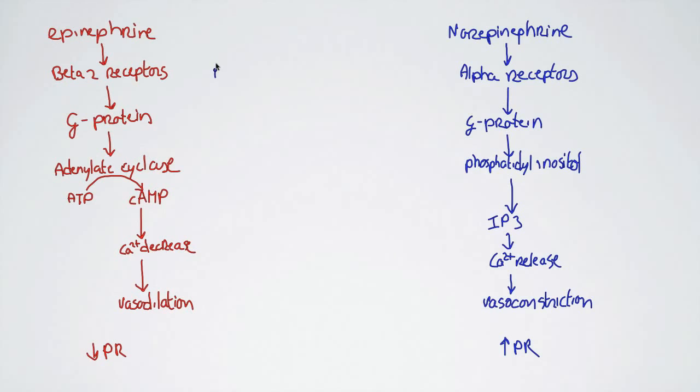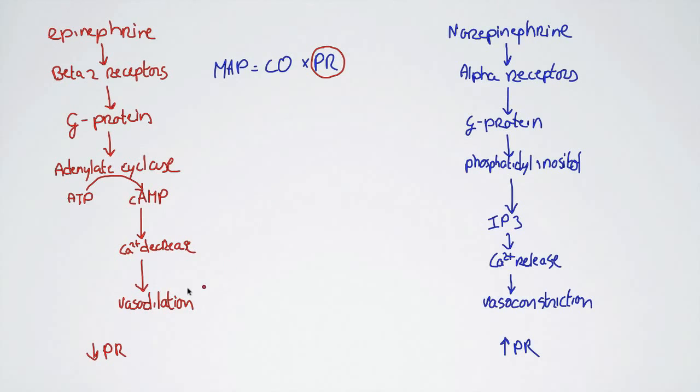So we've been looking at the formula. MAP is equal to CO times PR. In these situations, we are affecting PR, which is peripheral resistance. And if you increase peripheral resistance, which would be the effect of norepinephrine in this specific situation, that is going to cause an increase in the mean arterial pressure. If you decrease peripheral resistance, as in this situation, that is going to cause a decrease in mean arterial pressure.